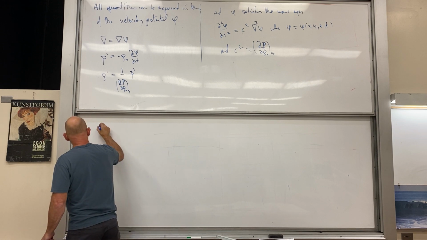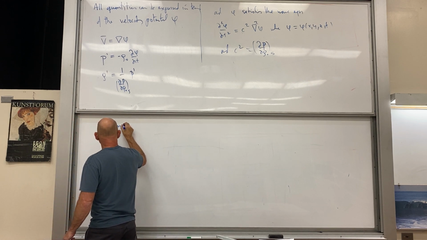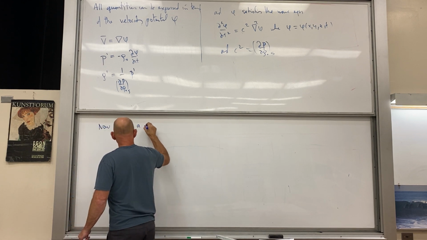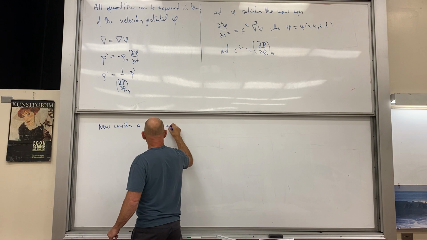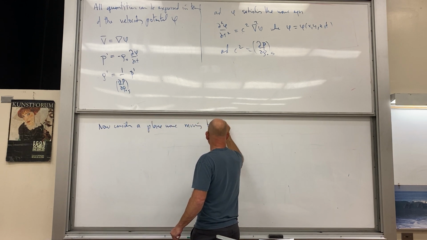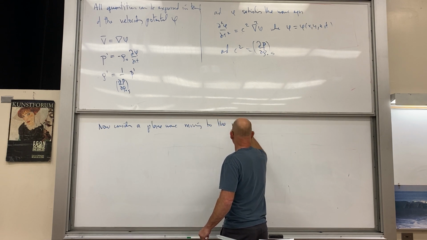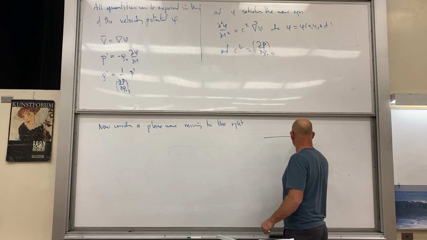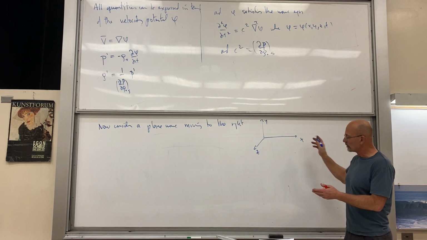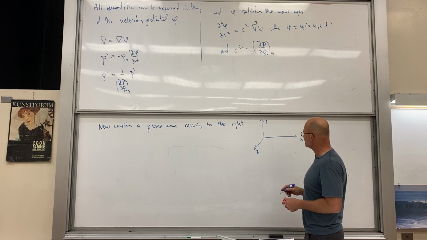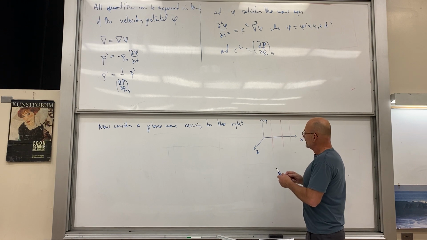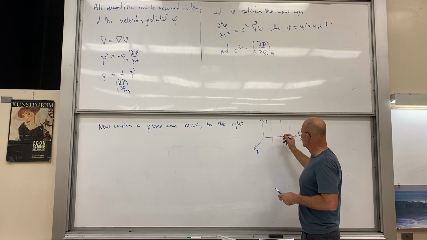So now consider a plane wave moving to the right. So my idea here is that we've got x, y, z this time, plane wave moving to the right. Here's my wave. Except I'm really just looking at a pulse.